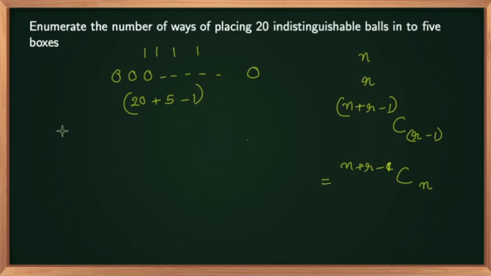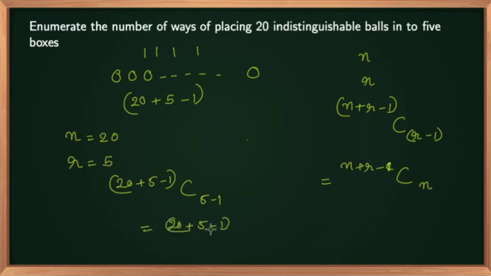So in this particular problem, you can put n is equal to 20, r is equal to 5. Hence I can write the answer for this question as 20 plus 5 minus 1 c 5 minus 1, or that is also equal to 20 plus 5 minus 1 c 20, right?